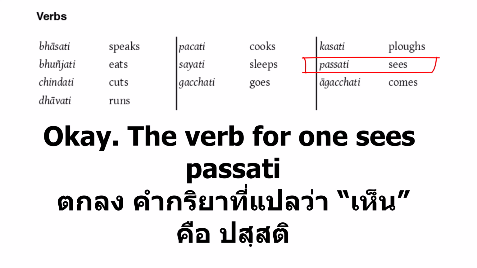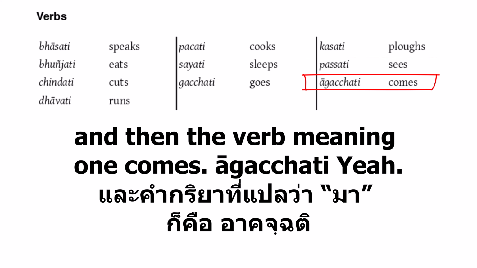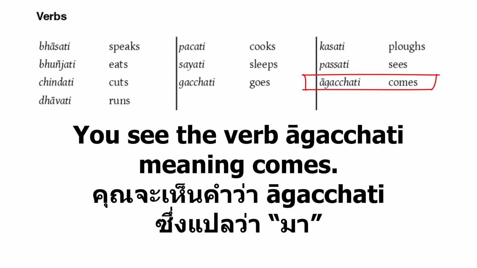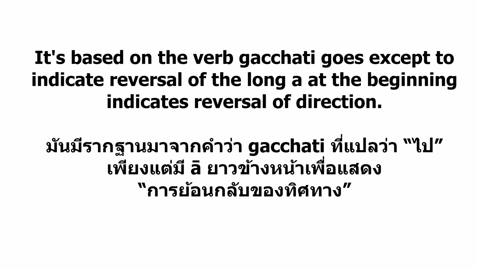Okay, the verb for one sees, passati. And then the verb meaning one comes, agachati. You see the verb agachati, meaning comes, is based on the verb gachati, goes, except that the long A at the beginning indicates reversal of direction.